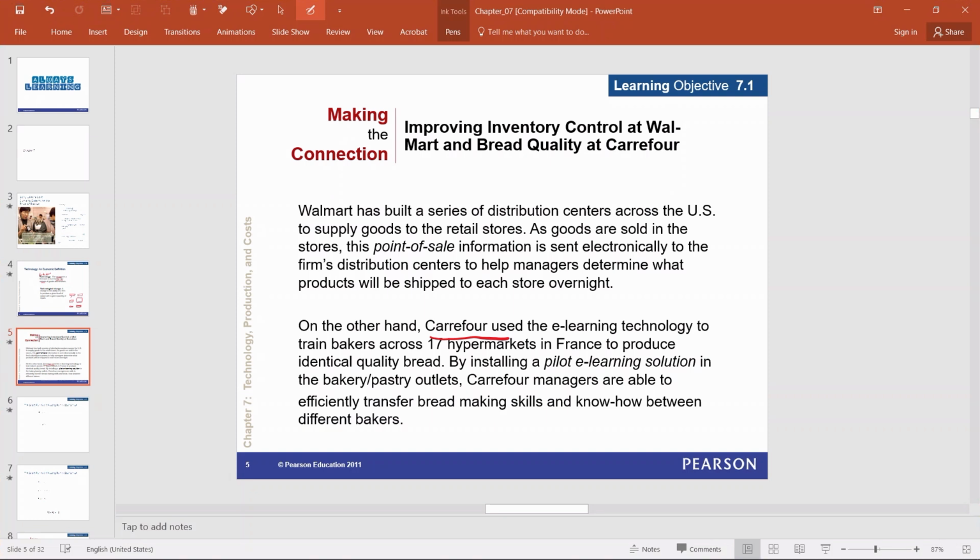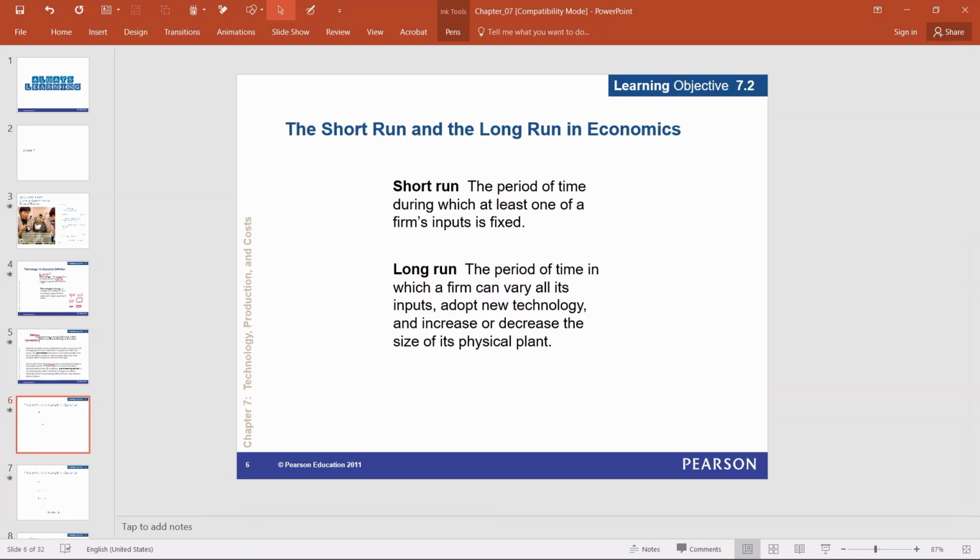Next slide. This slide also talks about when inputs can change, because in the short run some of the inputs you cannot change, but in the long run all inputs could be changed. So we call it short run if at least one of the inputs is fixed, but others you can change.